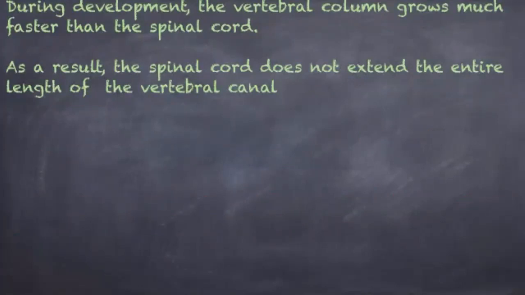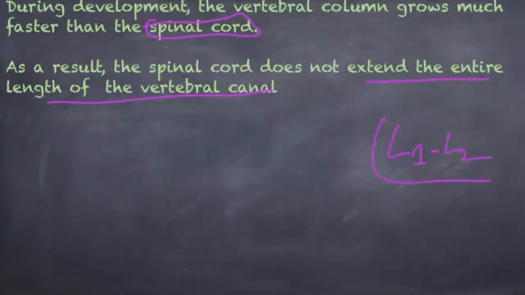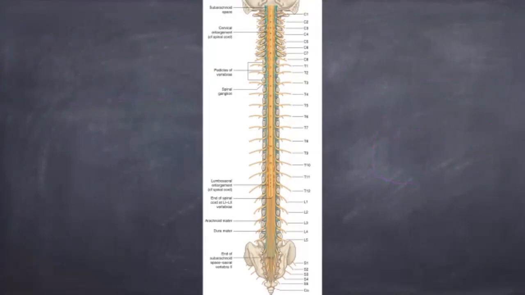During development, the vertebral column grows much faster than the spinal cord. As a result, the spinal cord does not extend the entire length of the vertebral column. So because of the growth disparity between the vertebral column and spinal cord, the cord ends at L1, L2, right? You see, this is the spinal cord.